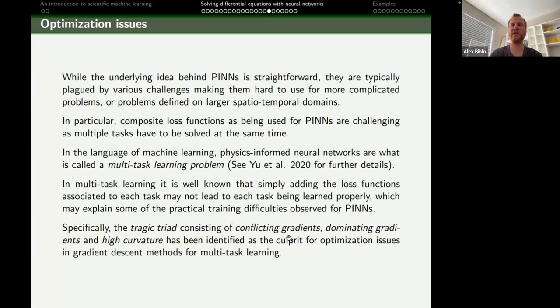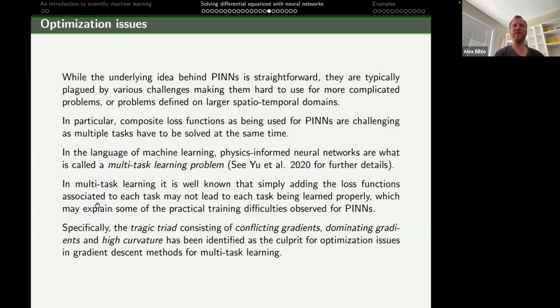It's challenging. Same question, what if one gradient is much larger than the other one? Then the second loss contribution would simply be ignored. If the gradient is too small, then only one of these tasks would be learned. And high curvature makes it challenging for the optimization to find a proper minimum. So there are different ways this can go wrong.